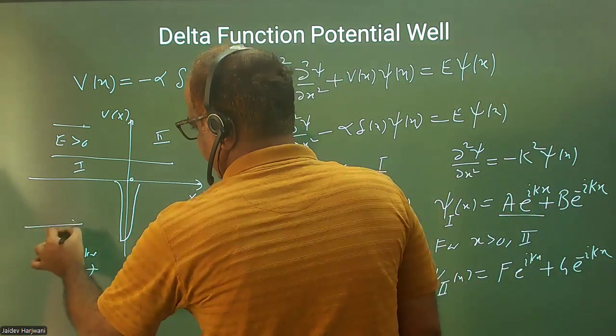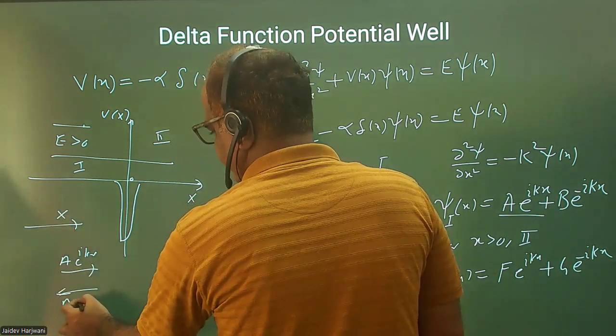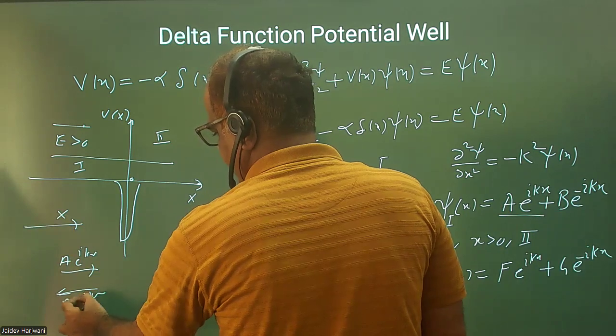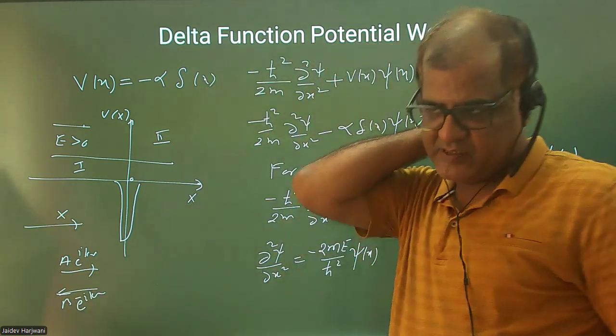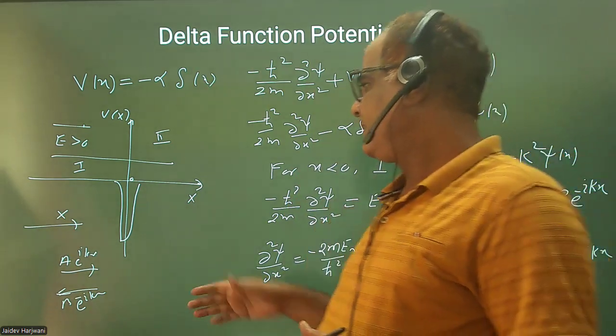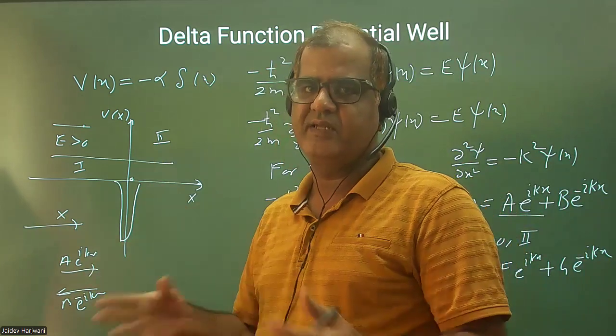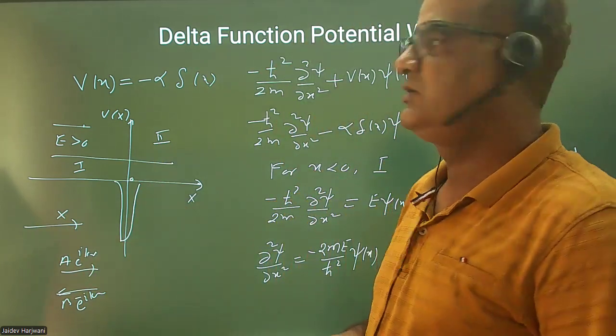If I say this is my x-axis, this is the incident wave, B is the reflected wave. Now reflection generally happens from a barrier classically, but quantum mechanically, a well can also give you reflection. That is the difference between the two theories.